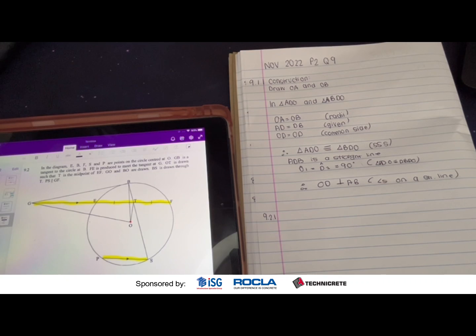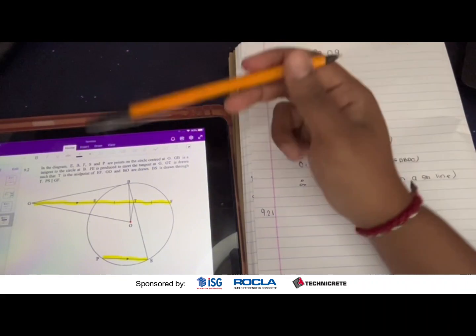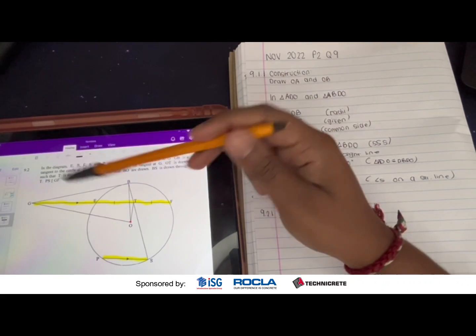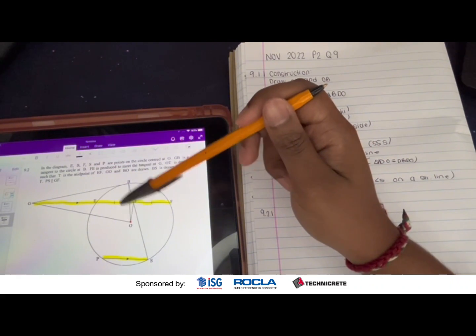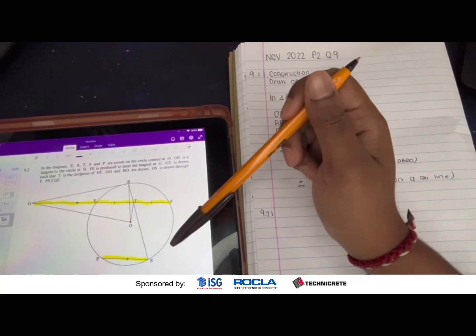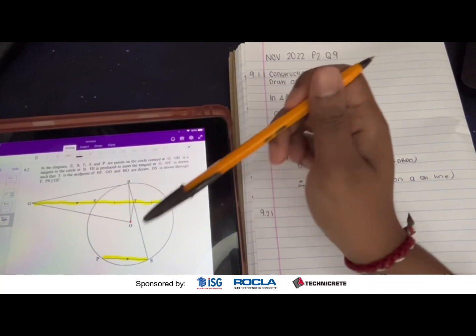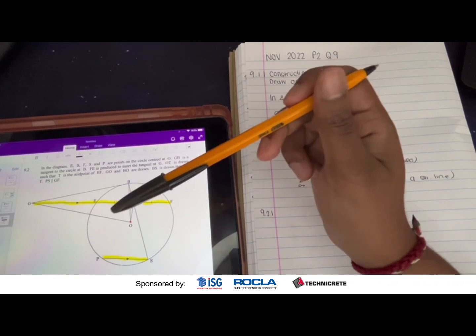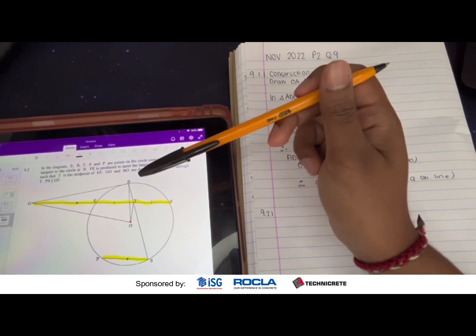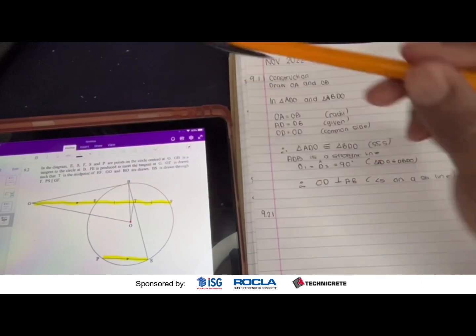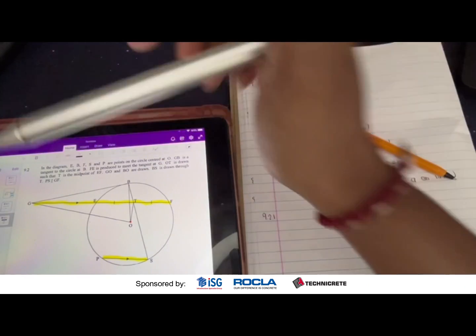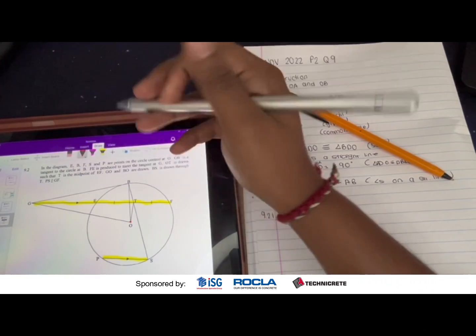We could also use opposite angles are supplementary, but I don't think that would be relevant here because how are we going to prove that without any angle being given to us yet? So let's try angles in the same segment, because what do we know here? We know that angle OTG, which is here, is 90 degrees.